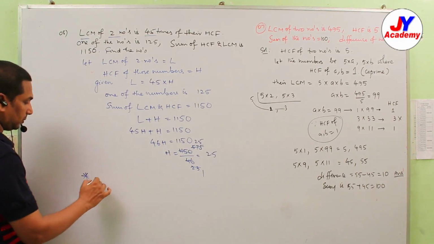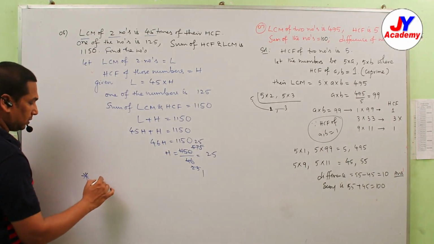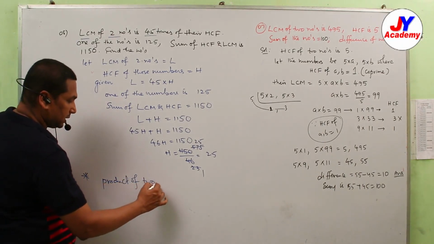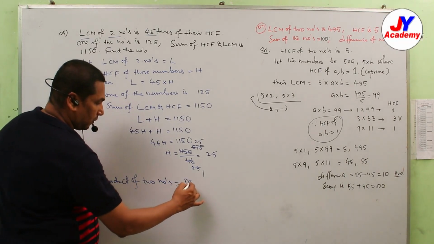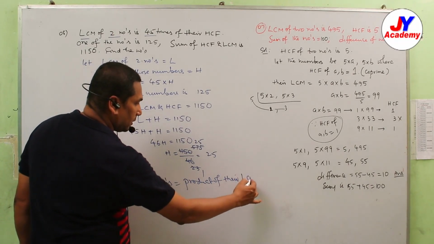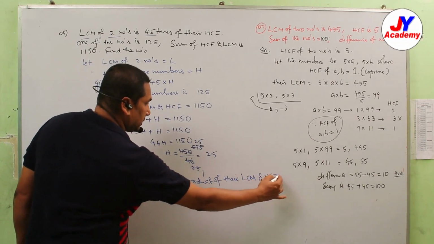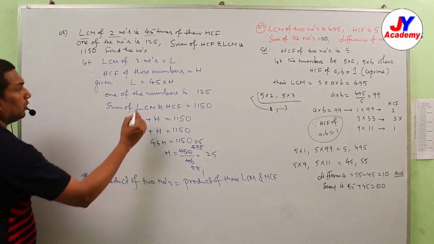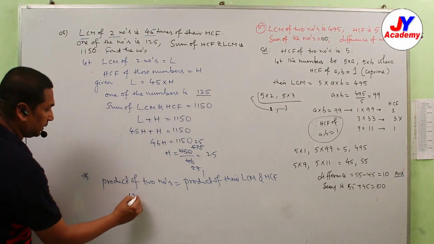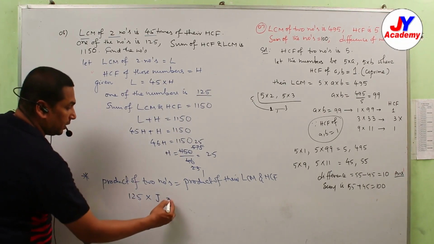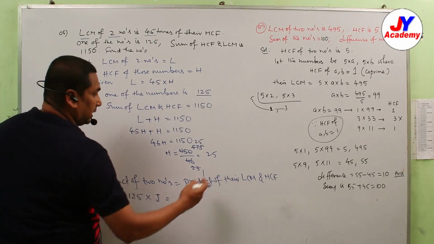And we know another property: the product of two numbers is equal to the product of their LCM and HCF. By taking this property, one number is given, that is 125, and another number you don't know, let it be J, is equal to the product of their LCM and HCF.